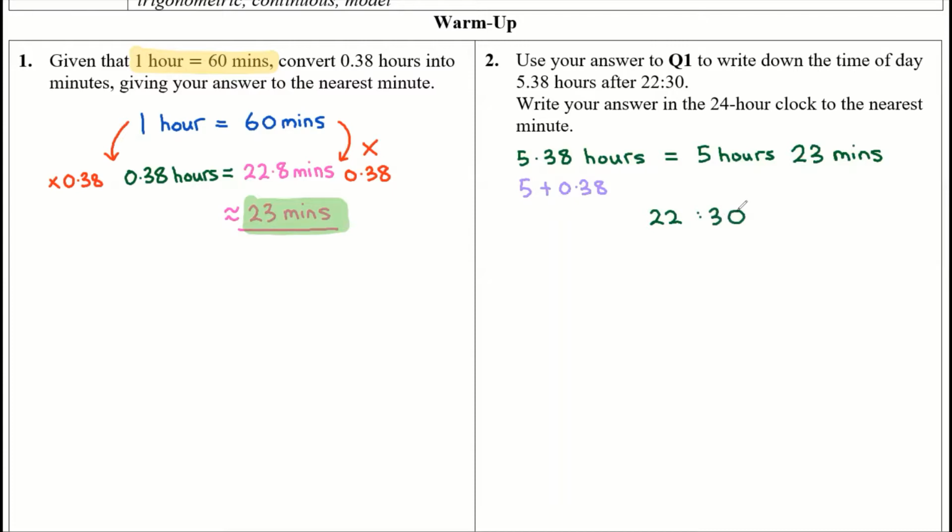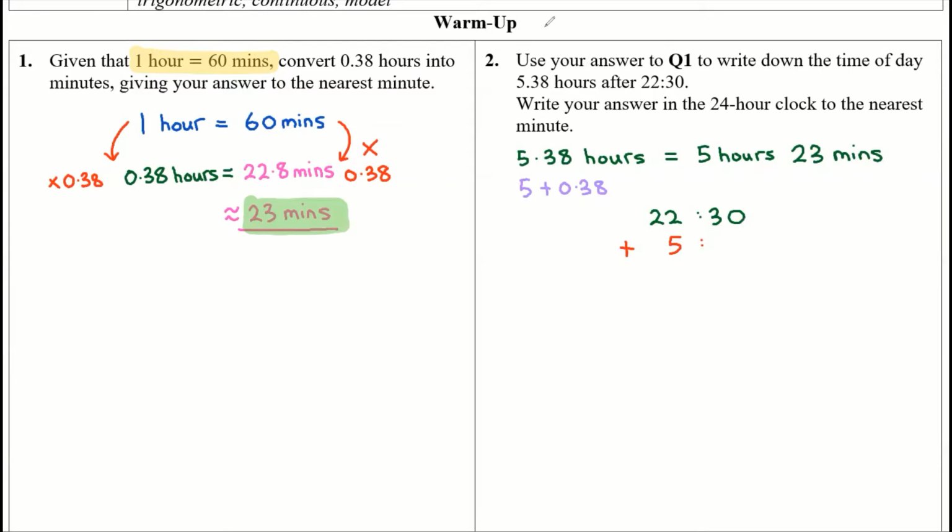So I'm going to be adding on the left-hand side 5 hours. Okay, and this is linked to a bit of group theory. So if you're doing maths at uni, you'll be doing clock arithmetic or modular arithmetic, which is quite interesting.